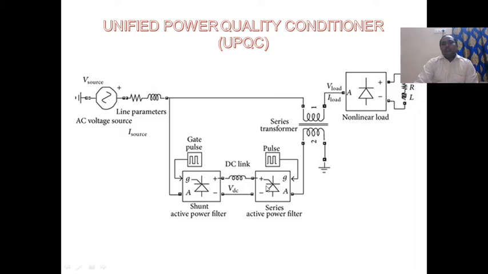In 12 switches, mainly 2 to 4 switches are turned on at a time. That means the switching losses are reduced by using this UPQC. Based on how much voltage we need, the series active power filter is turned on.